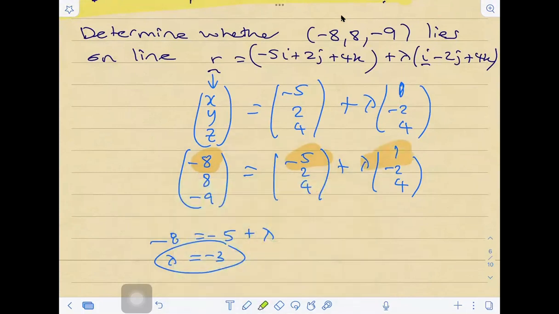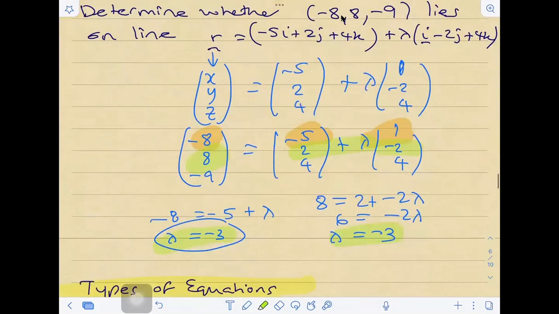Okay, do the y. 8 equals 2 plus -2 phi, so -2 phi equals 6, and phi is -3. So we get the same answer again.